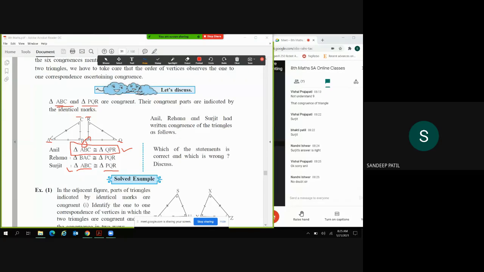Okay, so A corresponds to Q here, and B corresponds to P, and C corresponds to R. So this way ABC and QPR are right. And BAC and PQR. What about Rehana? Is Rehana right or wrong?